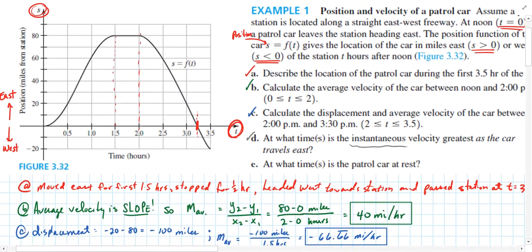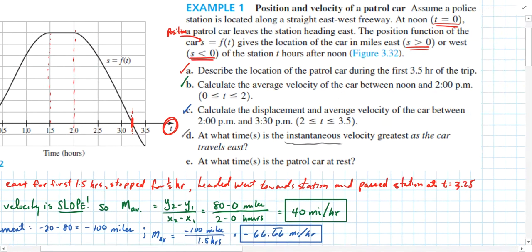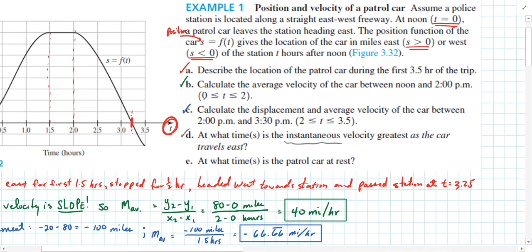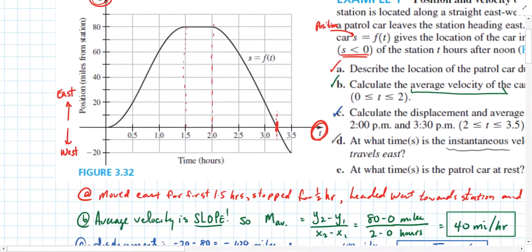So I'm going to switch to my green pen now and start talking about question B. Calculate the average velocity of the car between noon and 2 p.m. So noon was time 0, so 2 p.m. must be the number 2. And let's remind ourselves here, average velocity is a rate of change. So that's simply the slope between these two points. We've got this coordinate here, 0, 0, and at time 2, we've got the coordinate 2, 80.